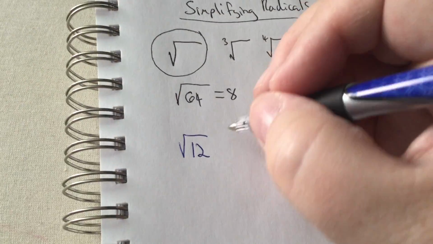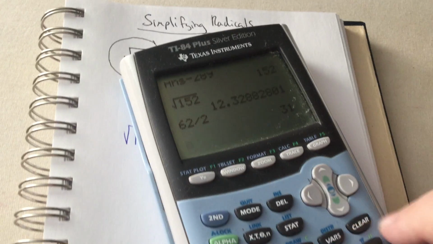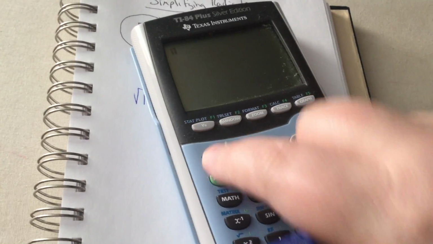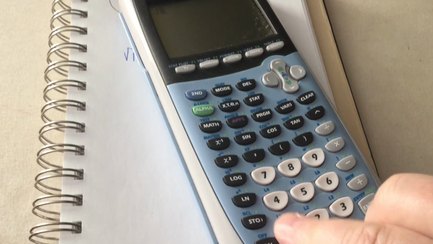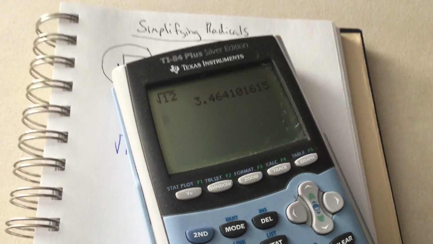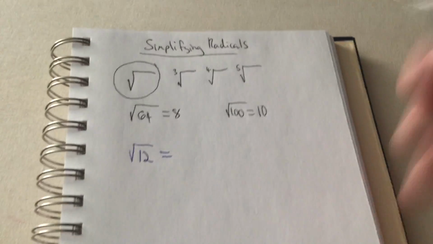Well, if you plug that into a calculator, get my handy dandy calculator here, square root of 12 is 3.46410. So I'm going to write 3.464. That'll be enough.